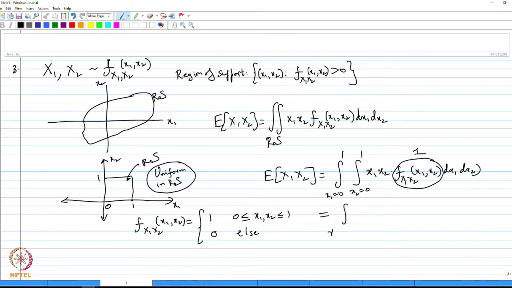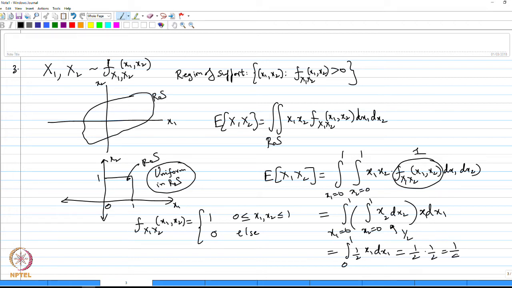You can first do the x2 integral, and then do the x1 integral. This integral we have seen before evaluates to just half. And then you have x1, I shouldn't forget the x1, times half. So this becomes the integral 0 to 1 of half x1 dx1, and the half will come out, and then you have the integral 0 to 1 of x1 dx1, that's another half, so you simply get 1 by 4.